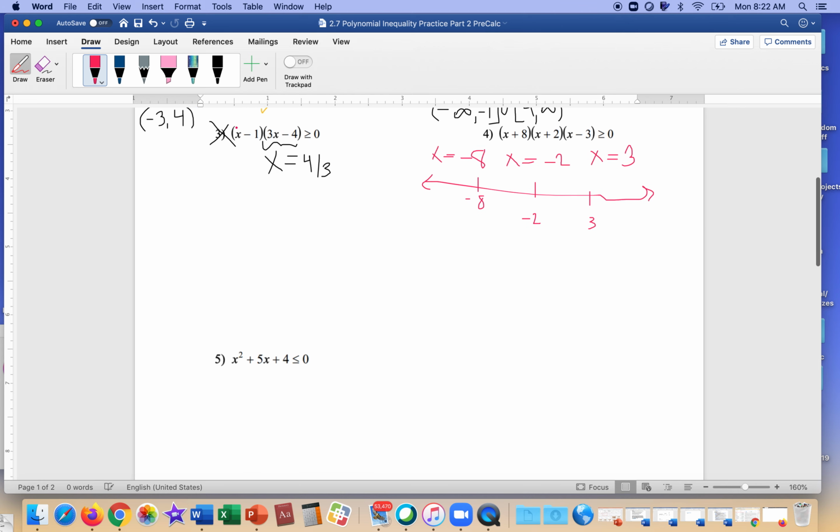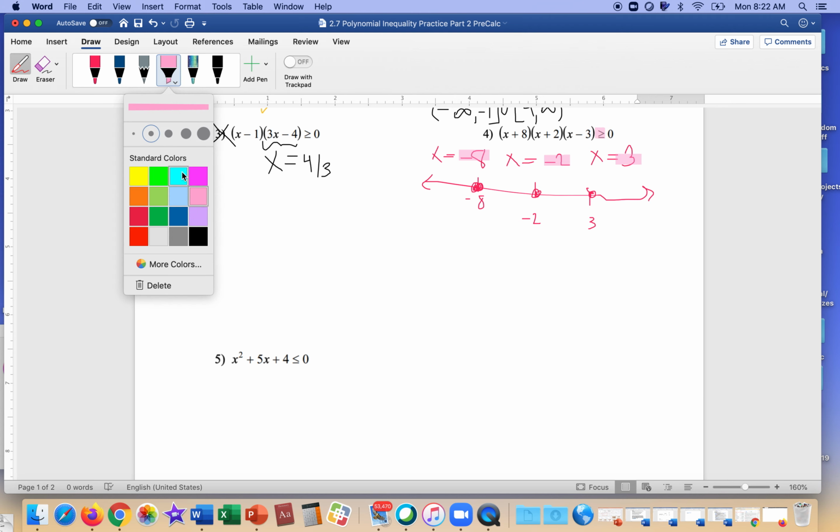So with that being said, to save a little bit of time, we know because of the greater than or equal to, the or equal to means we're going to have closed circles on -8, -2, and 3. So I'm going to save myself some time. I'm going to do closed circles here. But if you're not sure, you could just plug in and see what you get. Okay, so let's plug in an easy value first.